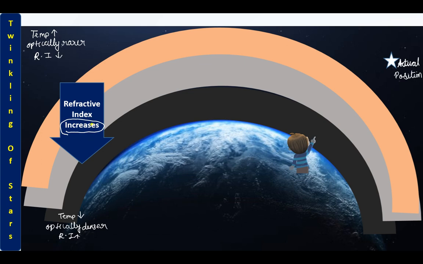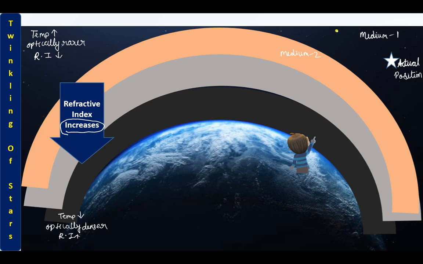Now, if the refractive index increases continuously, whenever the refractive index changes from one layer to another layer, the path of the light will also bend. Let us see how. Suppose this black portion that you are seeing over here is medium 1, and this portion is medium 2.